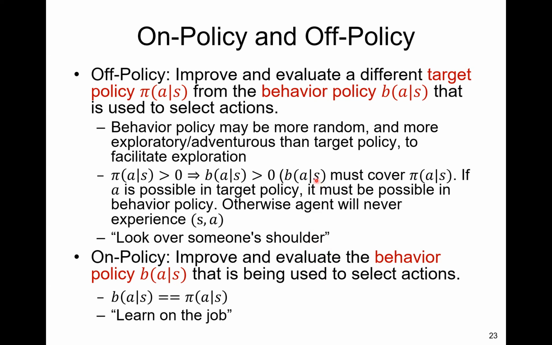Notice that the behavior policy must cover the target policy. Otherwise, the agent will never experience certain state action pairs. If the target policy is possible to select action A in a given state S, it must be true that in the behavior policy, it's possible to select action A in state S. What happens if it's not true?